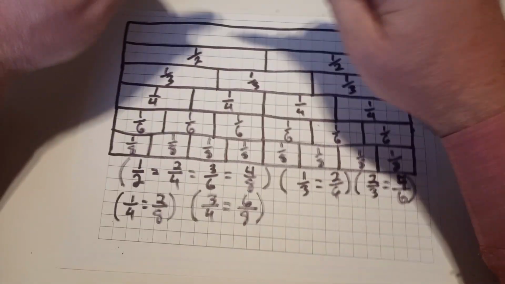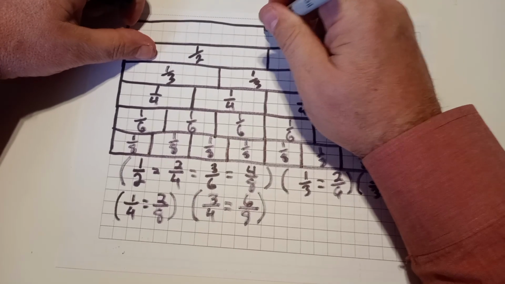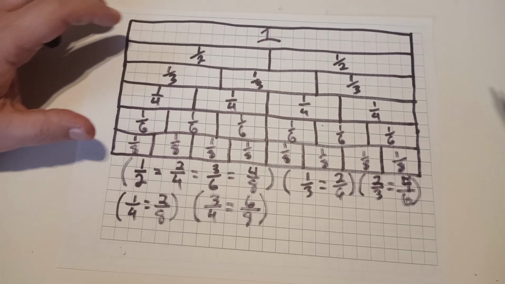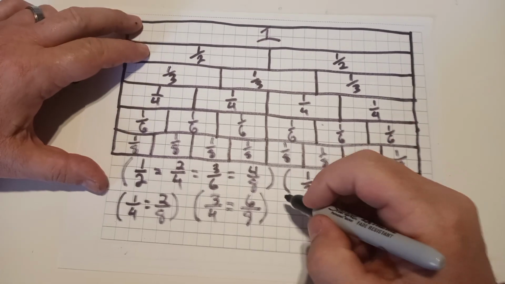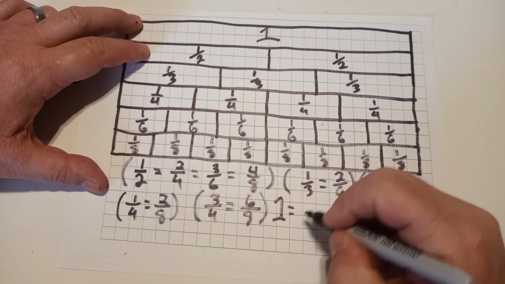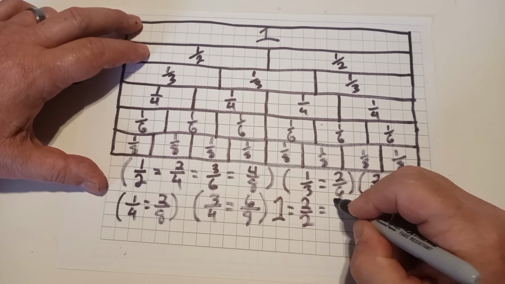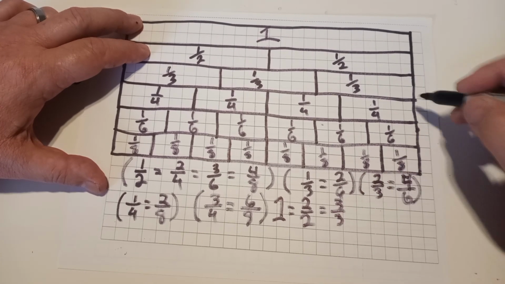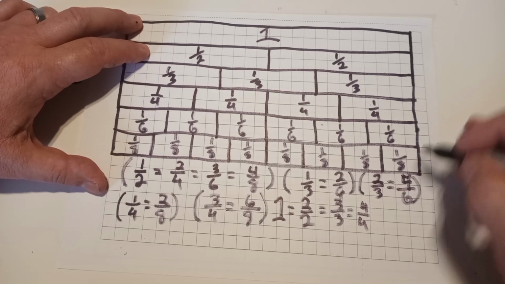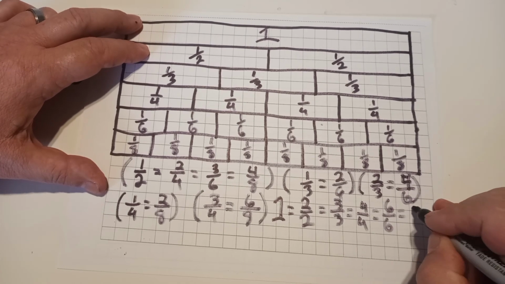Okay, and as you can see here, I didn't write this one as a whole, but it's one whole there. So we can see everything that's equivalent to one whole. We could say that one whole is equal to 2/2, 3/3, 4/4, 6/6, and 8/8.